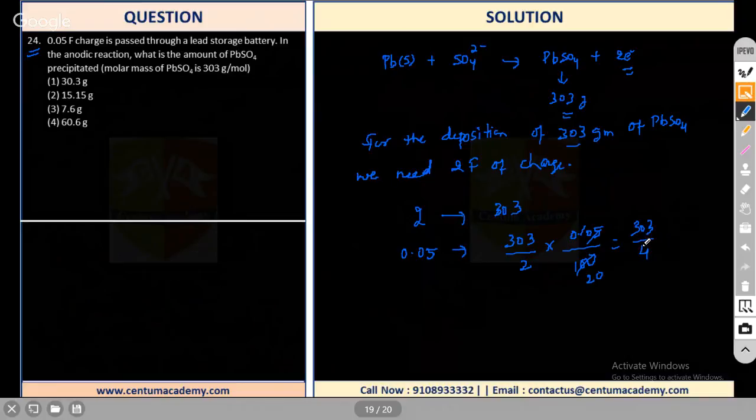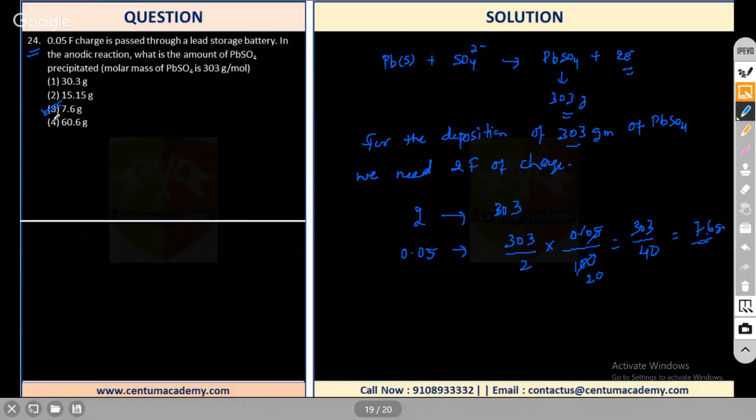So 303 divided by 40, it will be more than 7.5, right? So 303 by 4 is more than 75, so 7.6 around. Option 3 is correct, I think. Okay, so when you solve this, you'll get 7.6 gram approximately will deposit.